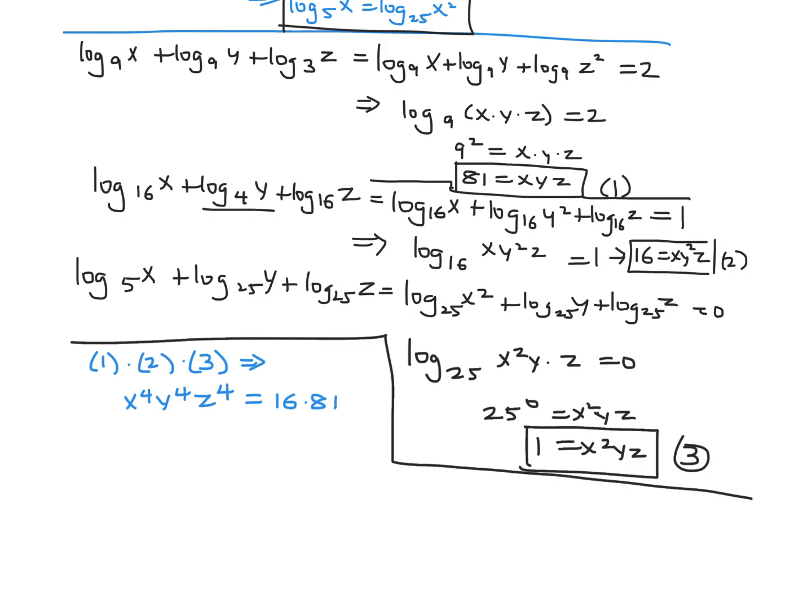And if I take the fourth root of both sides, I'll just get xyz is, well, 1296. The fourth root would be 6, actually. So there we go. And then now we are ready to figure out the individual values for x, y, and z. I'll call this equation 4. If I take equation, where do I go from here?